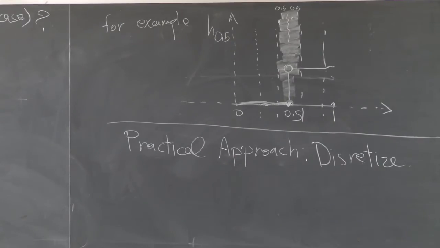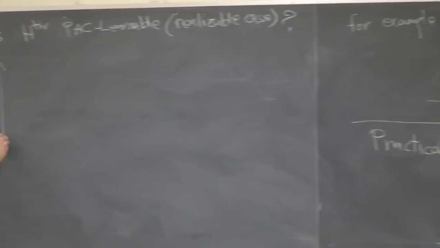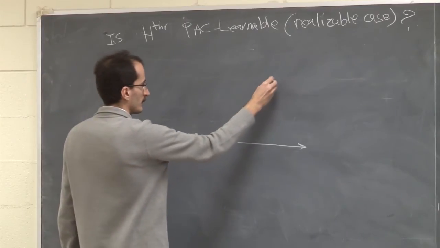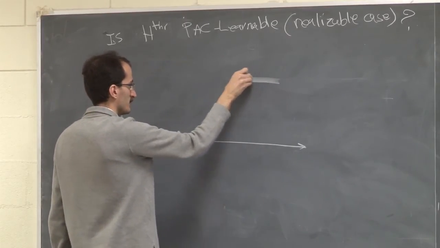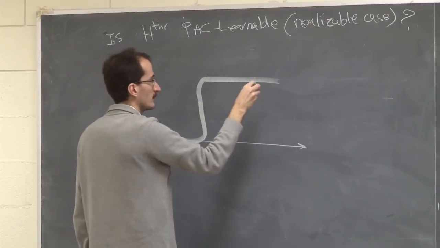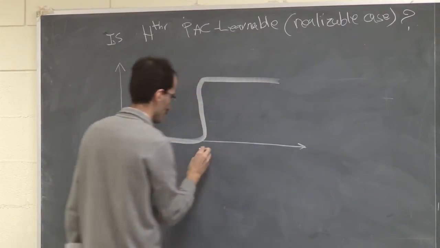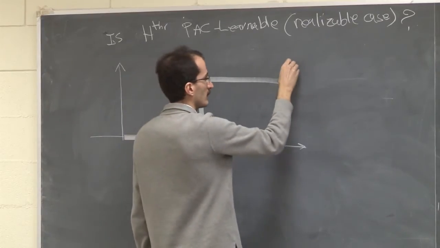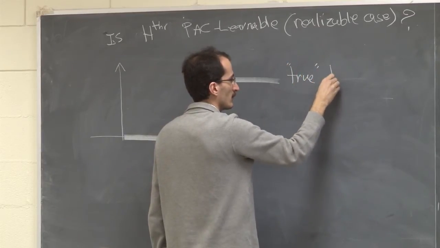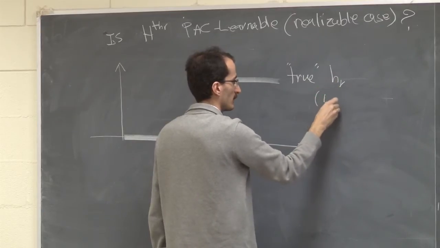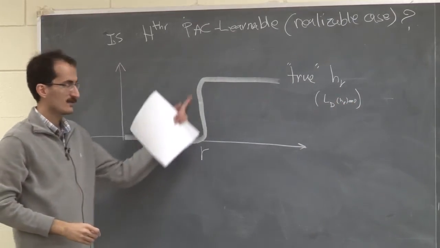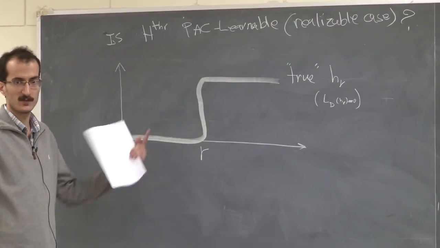So let me draw another graph. Assume that this one is the true hypothesis, I mean the true labeling function.